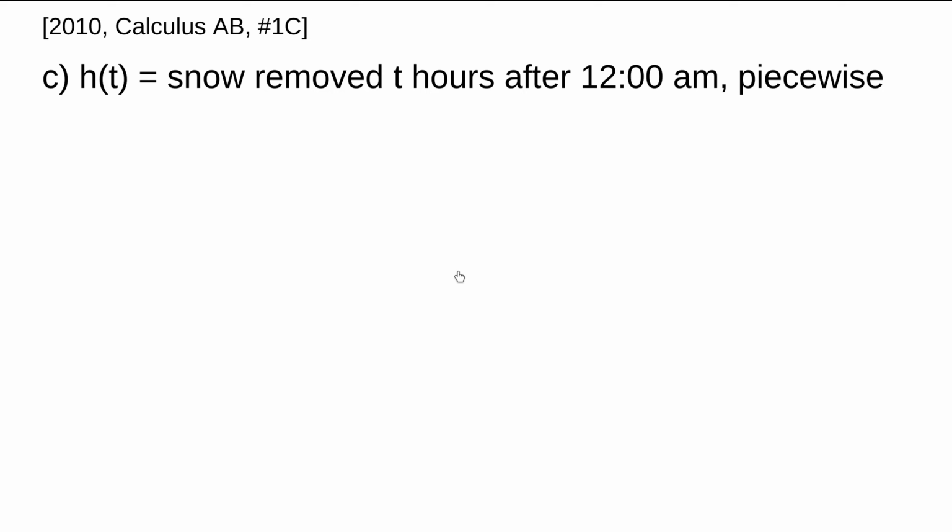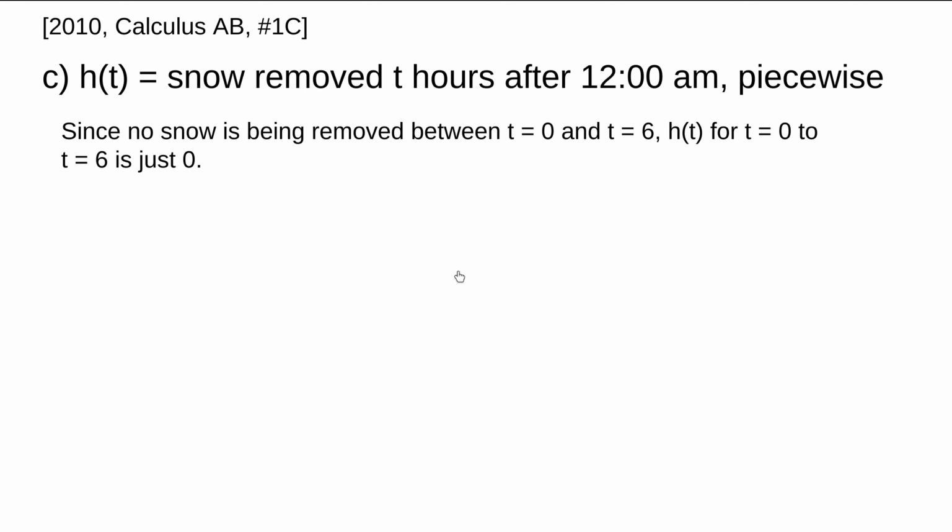In part C, we define a new function h of t to be the amount of snow removed t hours after 12 a.m., and we are asked to write the function h of t as a piecewise function. Right? So we have a couple of different parts here.